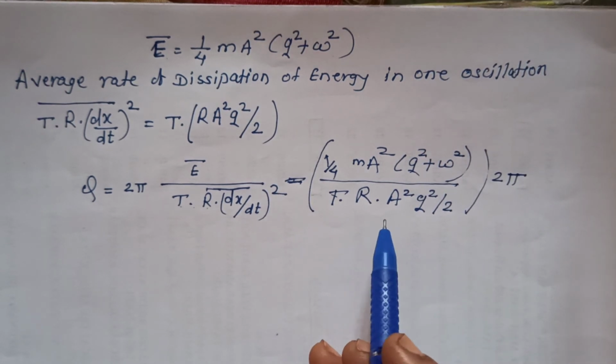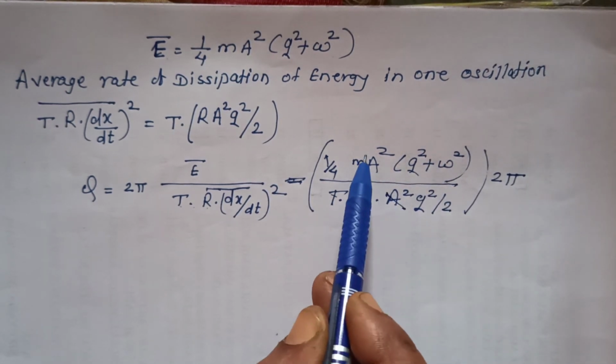Then on simplification a^2 gets cancelled with a^2.